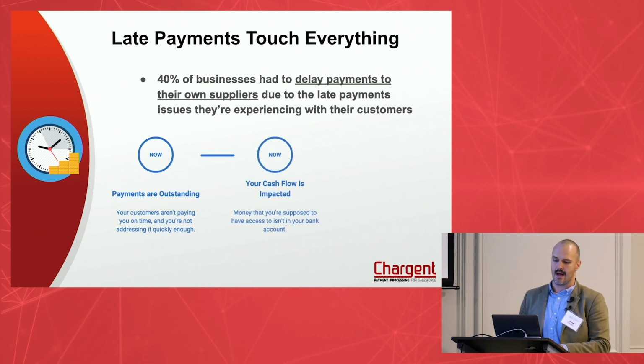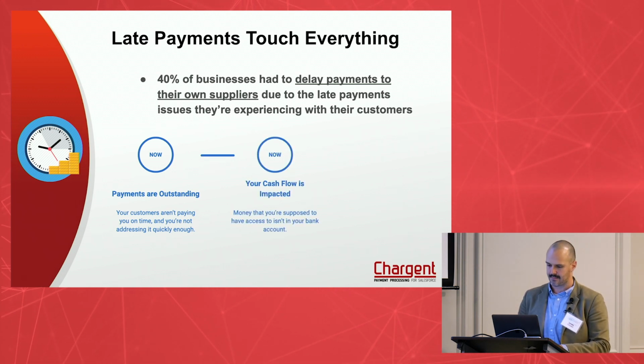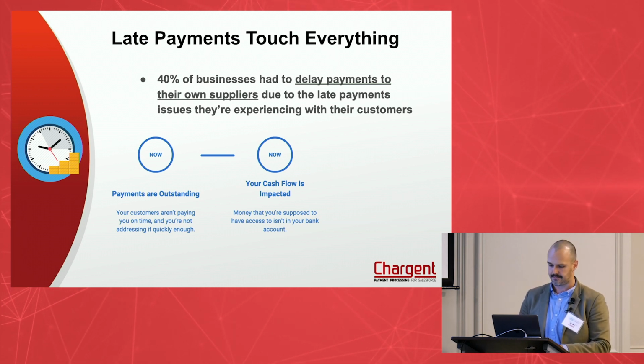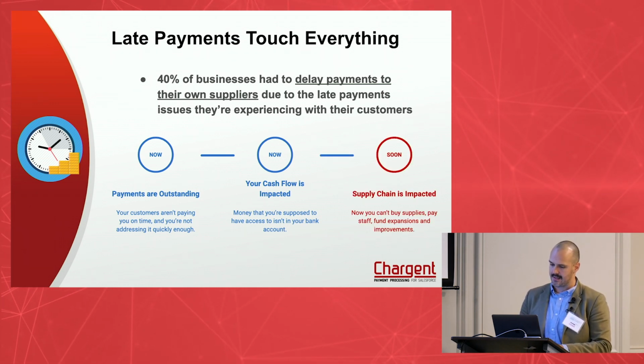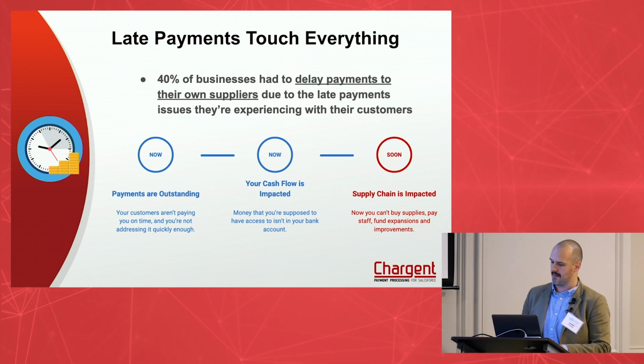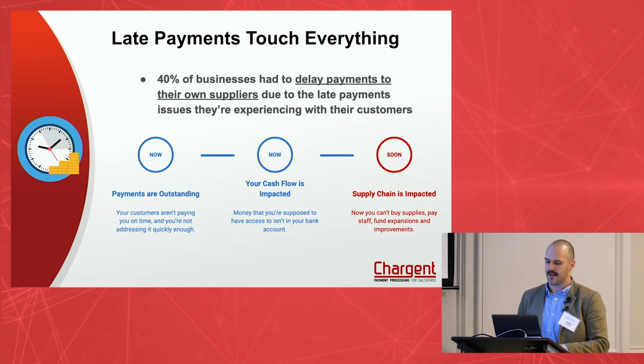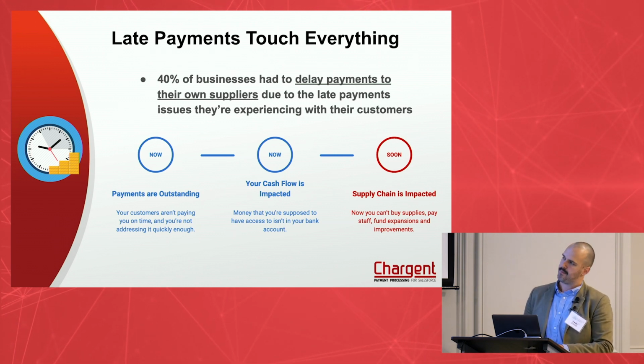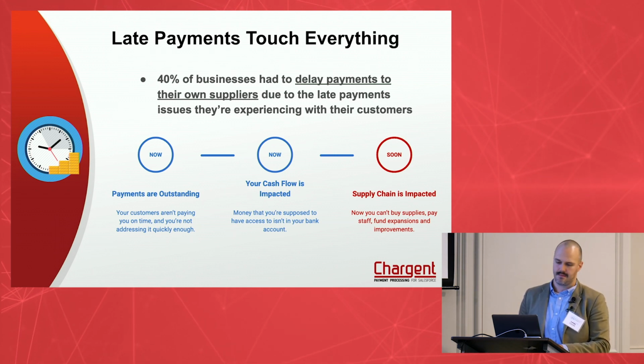And that means that right now your cash flow is impacted, right? Money that you're supposed to have access to isn't in your bank account. And that all means that soon your supply chain is going to be impacted. You can't buy supplies, you can't pay staff, you can't fund expansions or improvements. So it permeates, right? It's as that agent in the Matrix says, it's a virus.